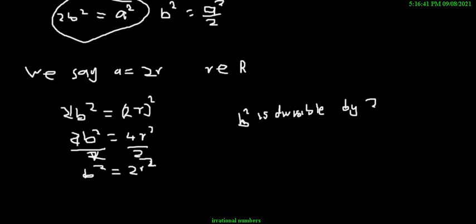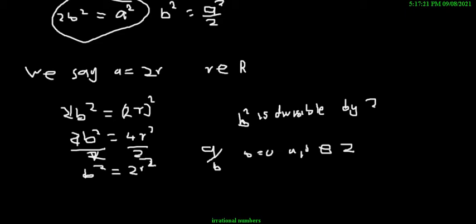What we noticed about rational numbers is that they can be expressed in the form a over b, and b should not be equal to 0. Both a and b are members of the integers, and a and b should not have common factors.